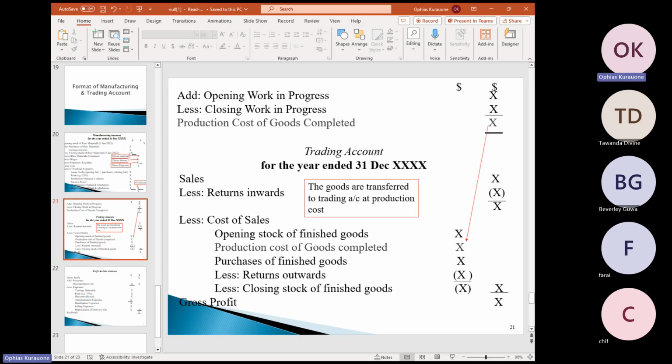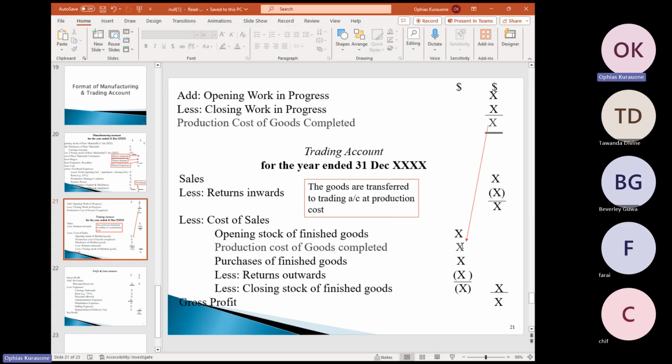Then cost of goods sold: we've got opening stock of finished goods, production cost of goods completed, purchases of finished goods, return outwards, then closing stock of finished goods. So we are going to pick the figure from there. You cannot prepare a trading account before you prepare the manufacturing account, because the figure of production cost of goods completed is needed here.